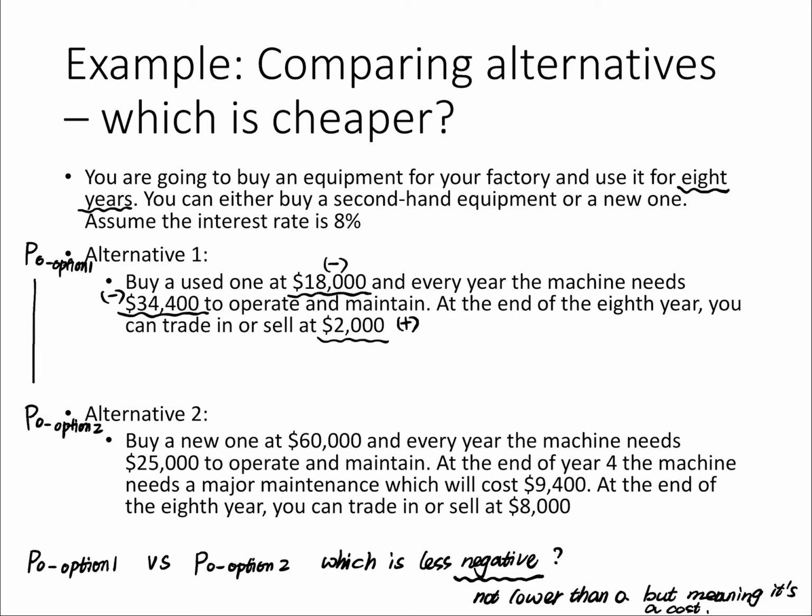Option 2, you can buy a new one at a much higher price, which is 60,000. That's your cost, so it's still negative. And every year, the maintenance fee and operation fee is going to be 25,000. So you see that is lower than the 34,400 because it's newer, and still it's a cost, so it's negative.